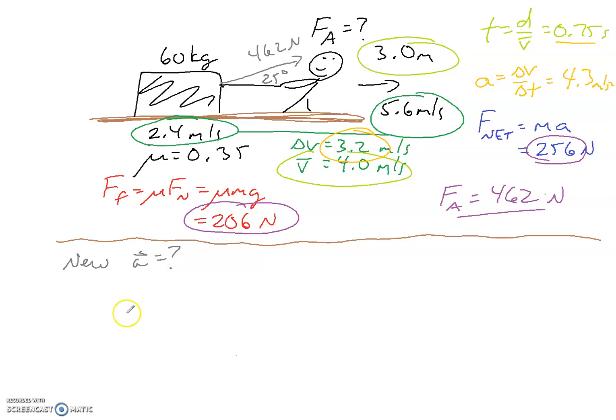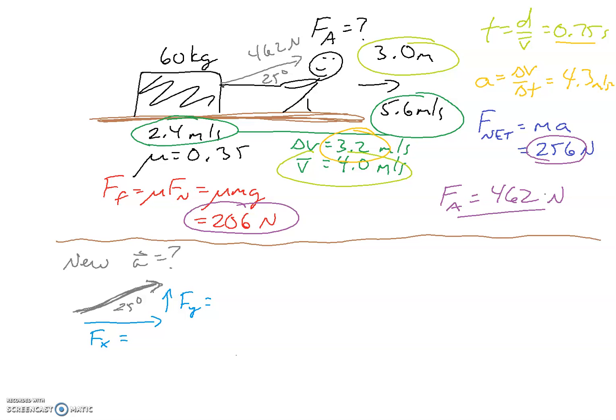So what is his new acceleration going to be? Well, since he's actually pulling at an angle, he's pulling out this way at 462 newtons, at 25 degrees. The first thing we need to do is break apart that force into x and y components, the force in the x direction and the force in the y direction.